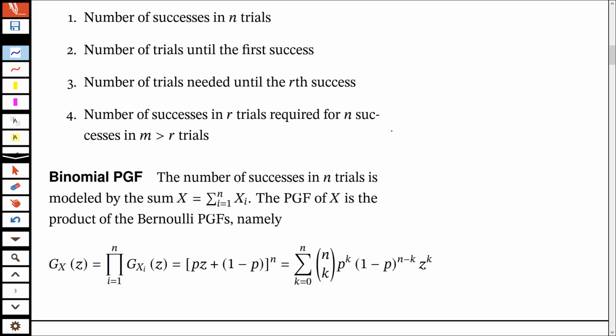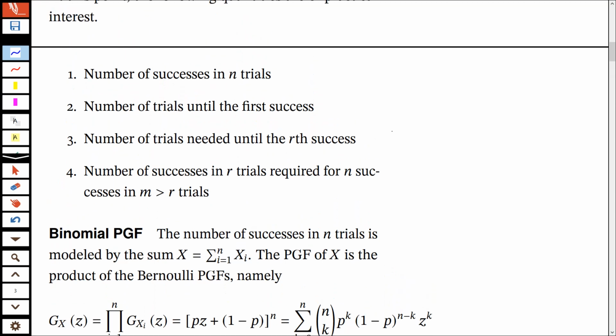So the different quantities of interest include these four, and today we will start with this one. So let's say X is a random variable which is going to represent the number of successes in a fixed number n of trials.